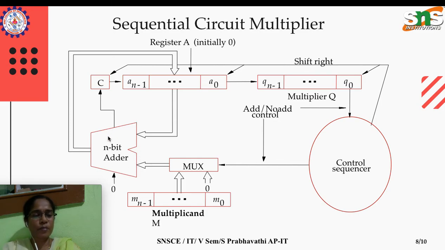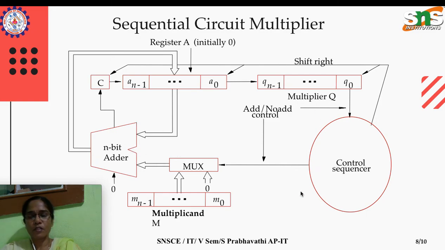In the previous topic, combinational logic circuit design, we saw that we need 2n adders, is it not? If we are doing multiplication of two n-bit numbers, we need 2n adders. So here we are using only one single n-bit adder to carry out all the operations.